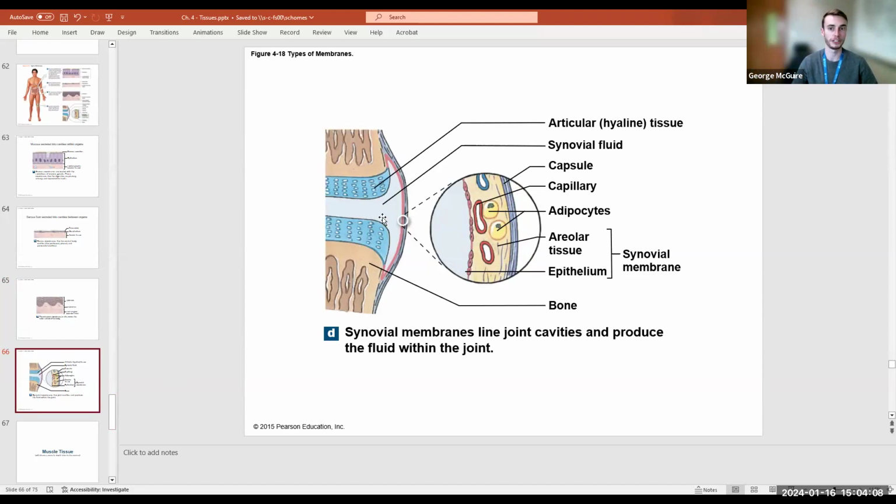So we have this fluid-filled sac between the cartilage that is lining these bones where they would potentially touch. And that fluid allows for some more mobility, a bit more shock absorption, etc. And so that is what synovial membranes secrete: synovial fluid within that space, essentially.